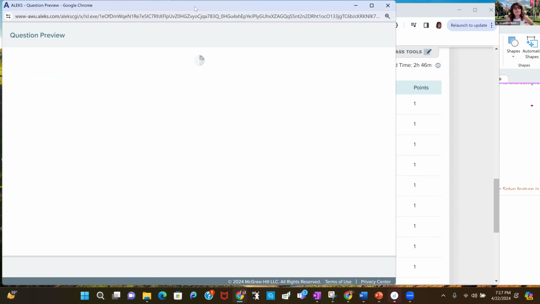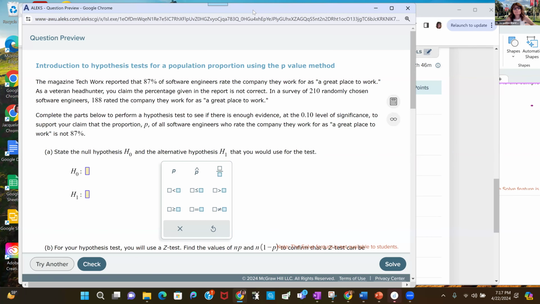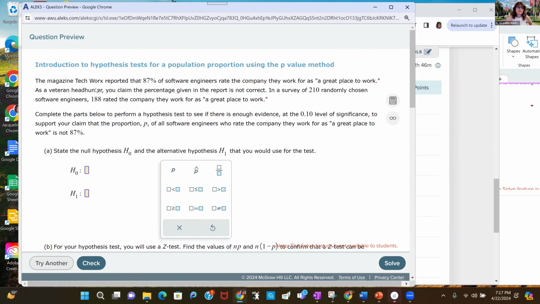And then the p-value method. The magazine TechWorks reported that 87% of software engineers rate the company they work for as a great place to work. As a veteran headhunter, you claim the percentage is not correct.